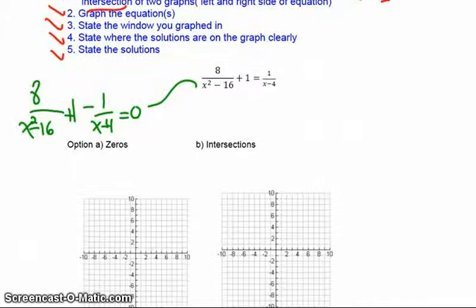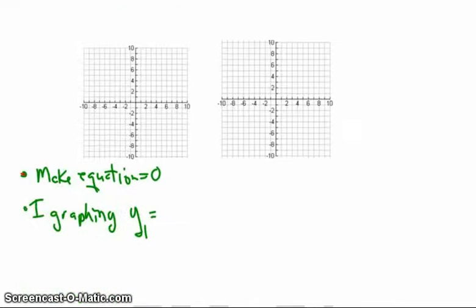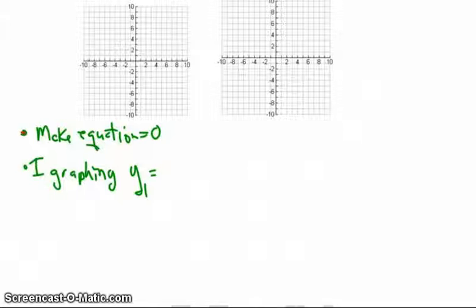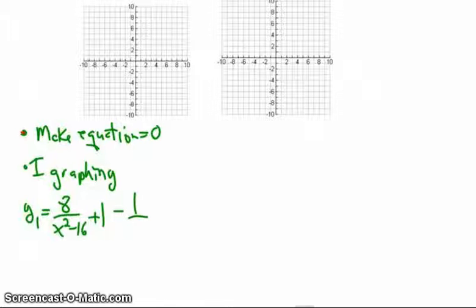So when I solve this graphically, I make a little statement. I graphed y1 equal to 8 over x squared minus 16 plus 1 minus 1 over x minus 4.